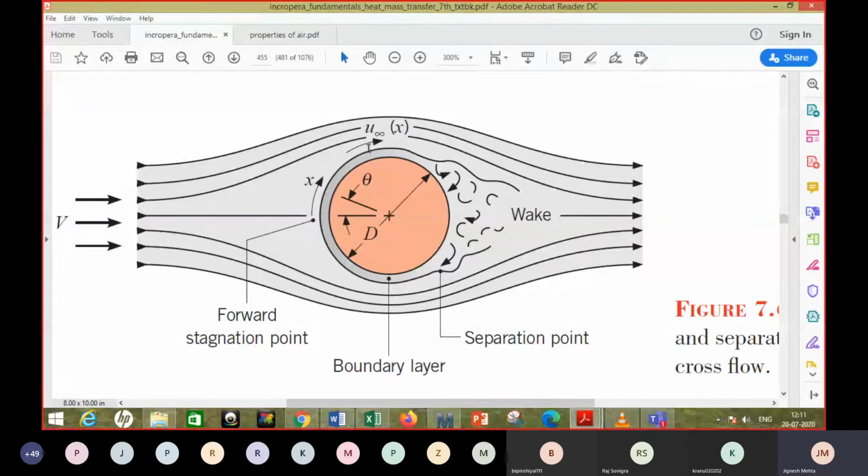That boundary layer is clearly shown here. The velocity at the forward stagnation point approaches 0, but the particle doesn't remain steady at this point. The forthcoming flow pushes it and it starts moving along the periphery of the cylinder.